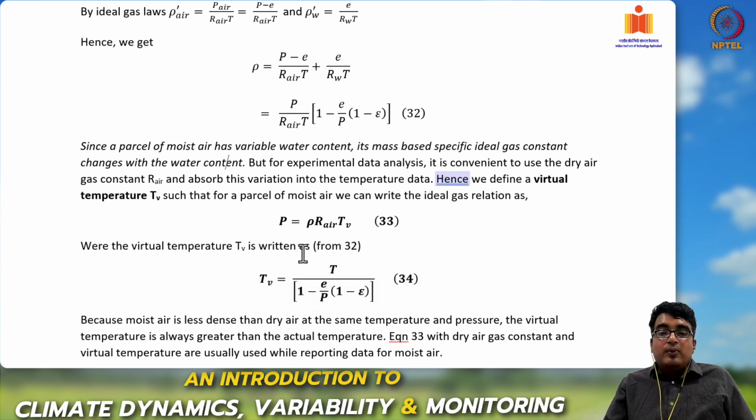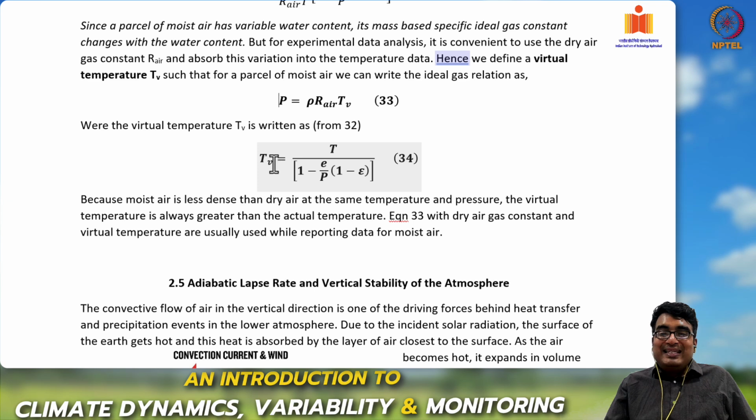So we create an effective temperature for the moist air parcel in this format, so that we can write the ideal gas relationship for the moist air parcel in terms of this virtual temperature and the gas constant for dry air itself. This is a very common way in which moist air parcel temperatures are presented, which is why we are showing it here.